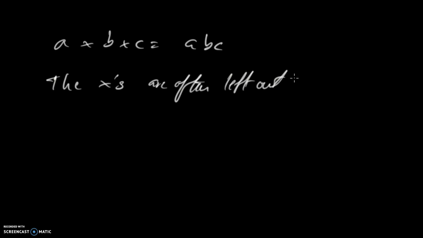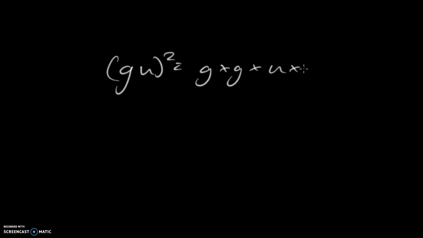So if you ever see something like ABC, it just means A times B times C. Then you'll get G n squared, which is G multiplied by N multiplied by N, because N squared equals N times by N. G n squared means G times G times N times N. When there's a square outside a bracket, that means you square everything inside the bracket.